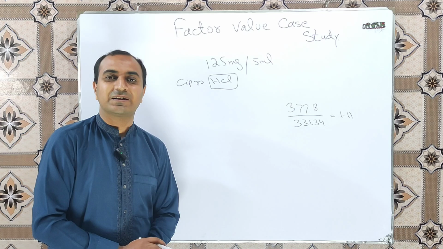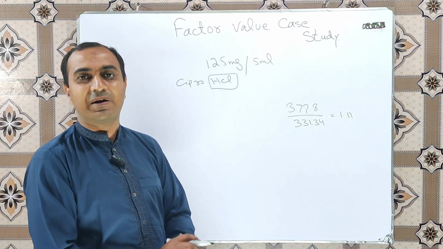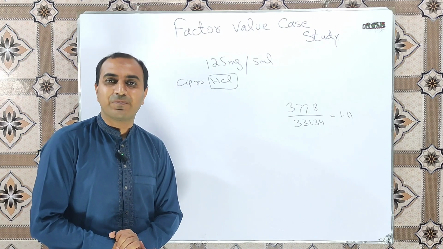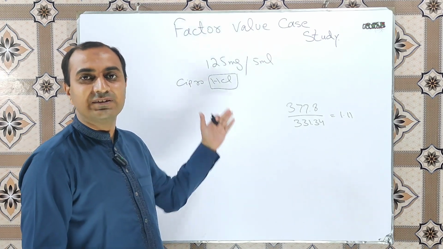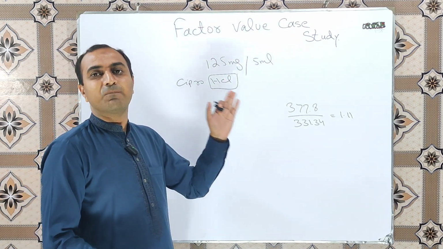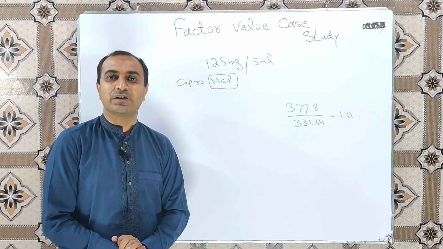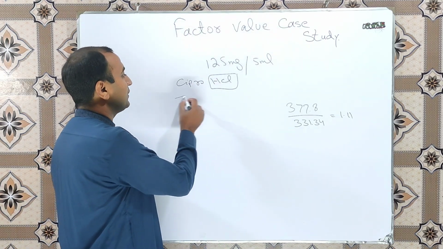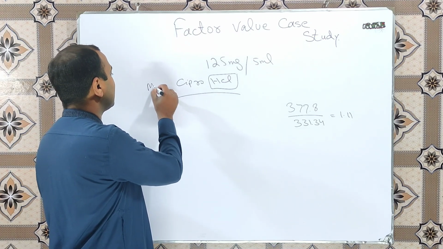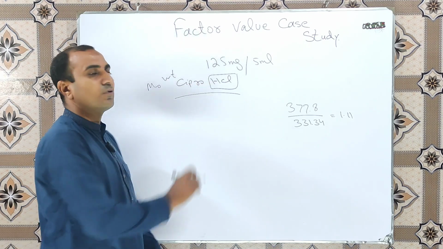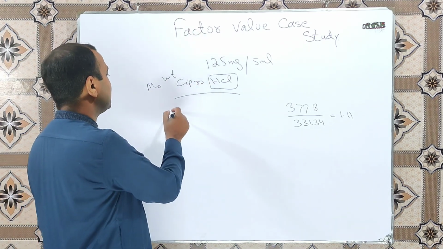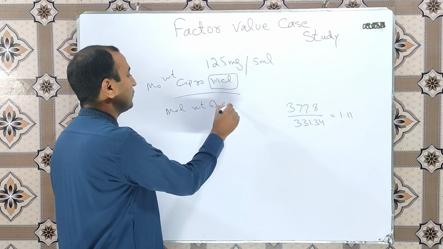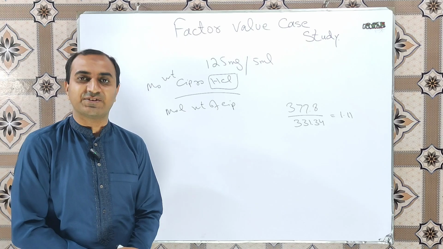So to remove the salt, we always use a formula: the molecular weight of the active pharmaceutical ingredient with salt divided by the molecular weight of the active pharmaceutical ingredient without salt. In our case, we will divide the molecular weight of ciprofloxacin HCl by the molecular weight of ciprofloxacin, meaning without HCl.